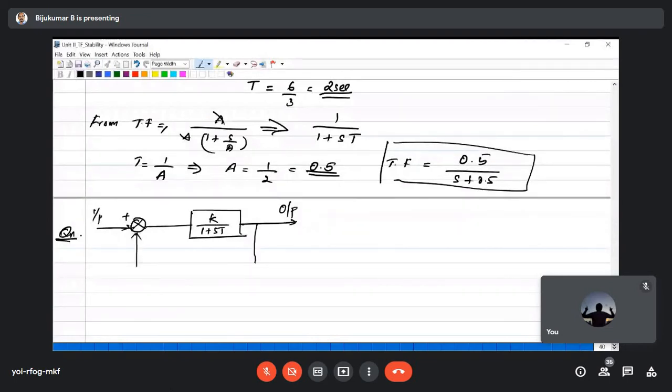This is the system, and it is also given that the response of the system is like this.